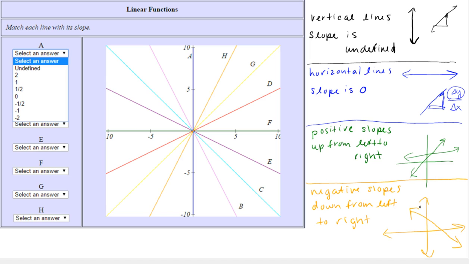I don't know exactly what this slope is, but I see as I go from left to right, it would be like I was walking downhill. So now looking at our lines that we have here, I'm going to focus on these two quadrants. A is our vertical line. So we said vertical lines have slopes that are undefined. So for A, we would have undefined slope.